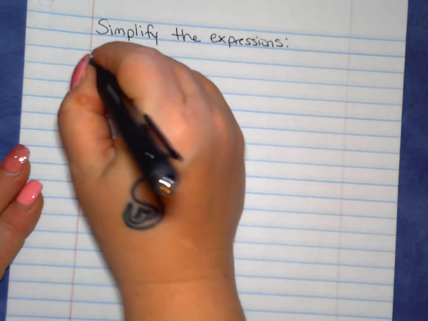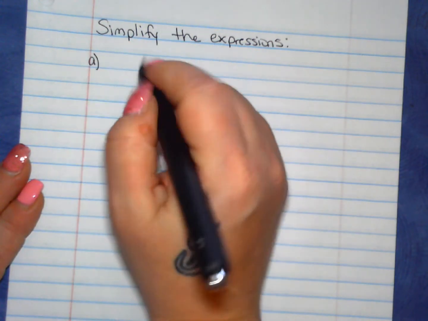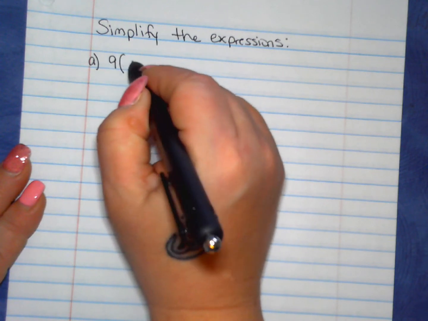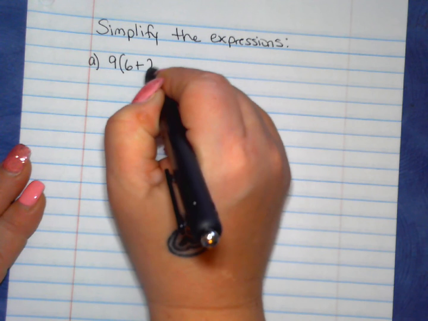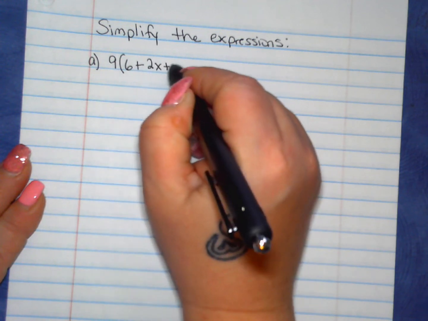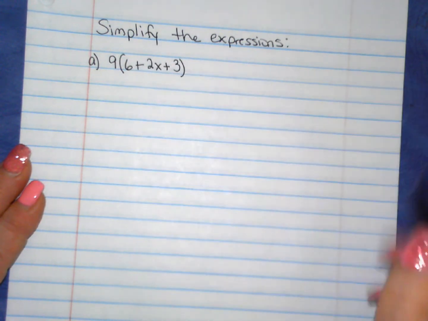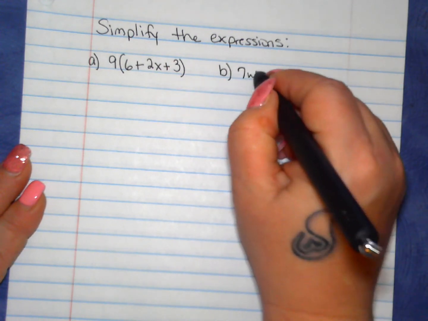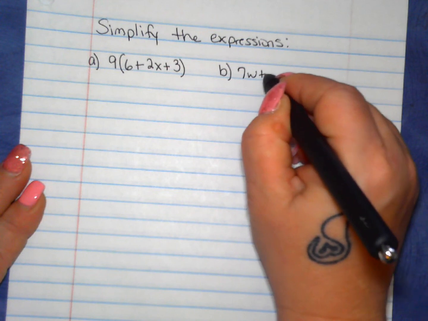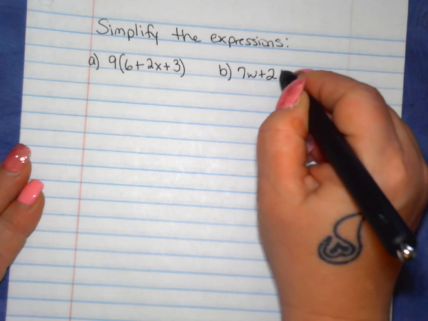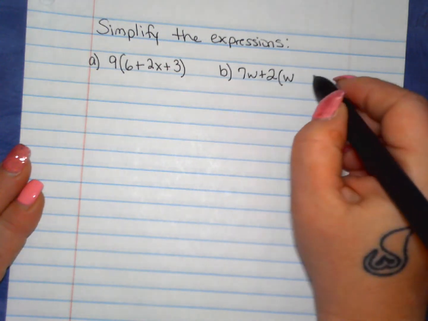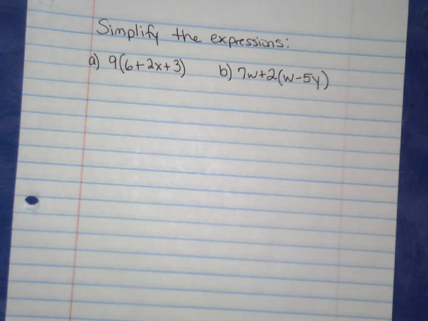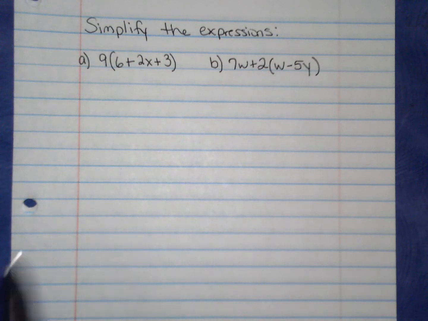Okay, so for A, we're going to do 9 times 6 plus 2x plus 3. And then for B, we're going to do 7w plus 2 times w minus 5y. Okay, so we're going to do those real quick, okay, together.